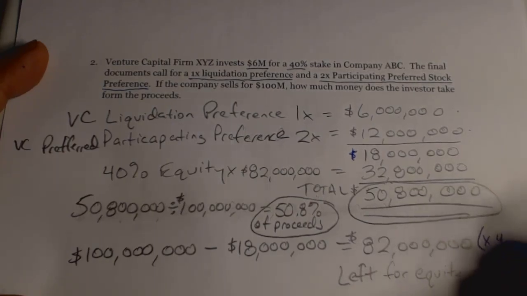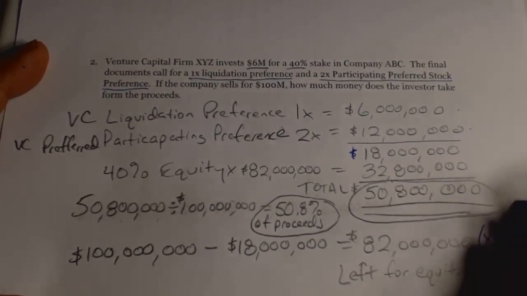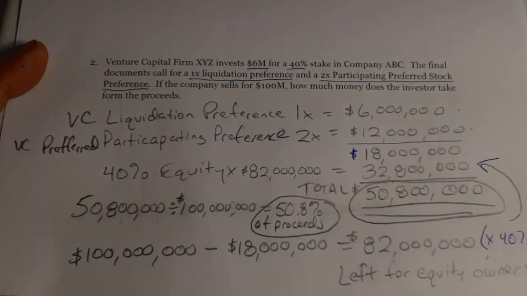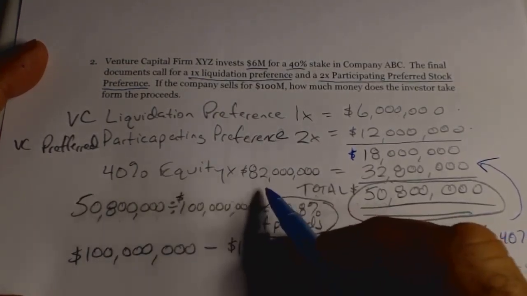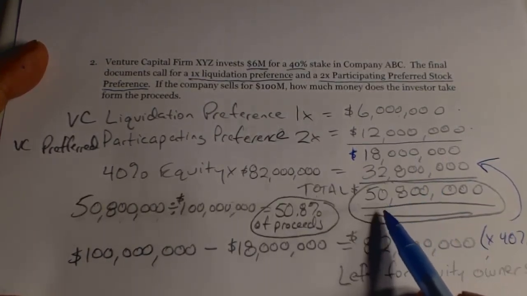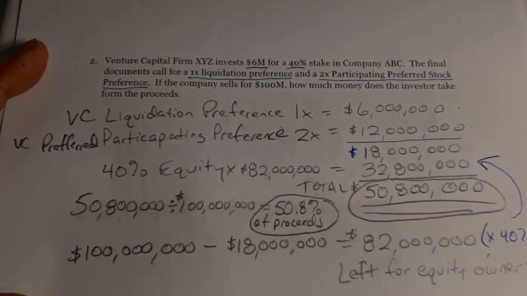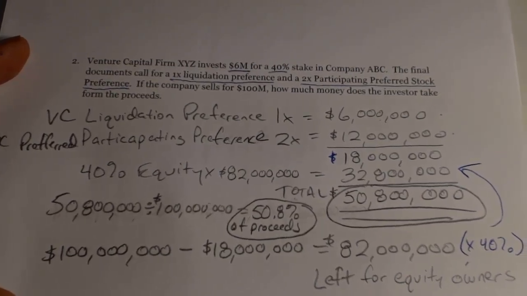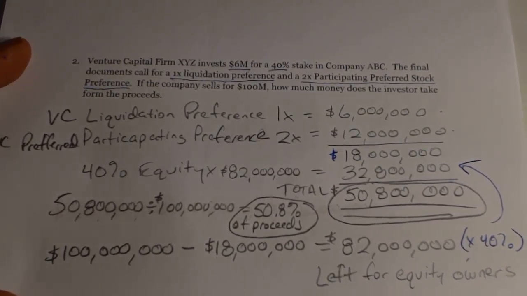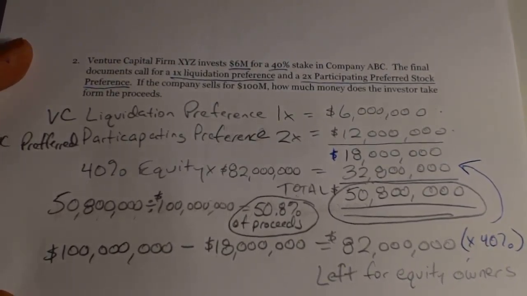Times 40%. And that gets you to the 32,800,000 that he gets, 40% of the equity. So you add those together, he got a total of 50,800,000, which out of that 100 million is 50.8% of the proceeds. Remember, if they ask for the percent of the proceeds. Okay, so that was the 2 sample problems.